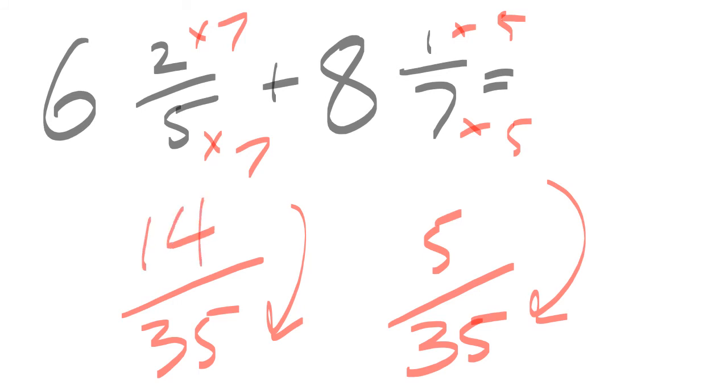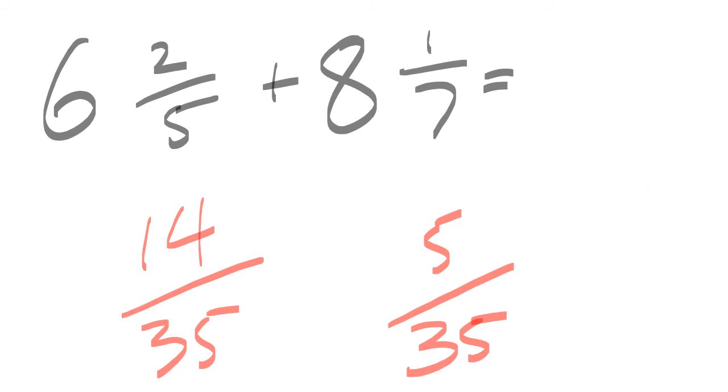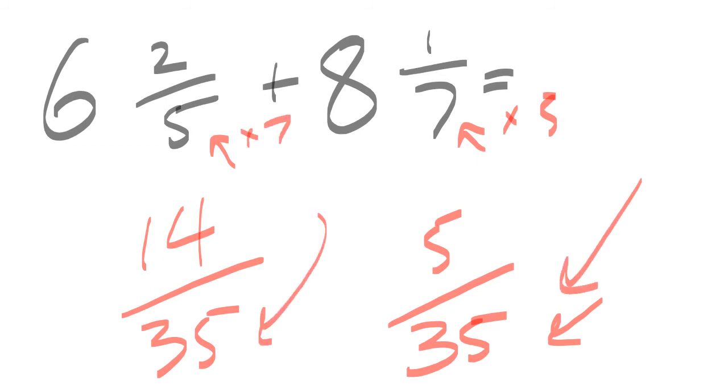Now, just a review in case you got a little bit confused. Maybe you're wondering, how did we get from 1/7 to 5/35? How did we get from 2/5 to 14/35? Well, I'm just going to go over it one more time. Remember, we had to find a number that 7 went into, that 5 also went into, and we chose 35, because we know that 7 times 5 equals 35, and 5 times 7 equals 35. And whatever you do to the bottom, you've got to do to the top.